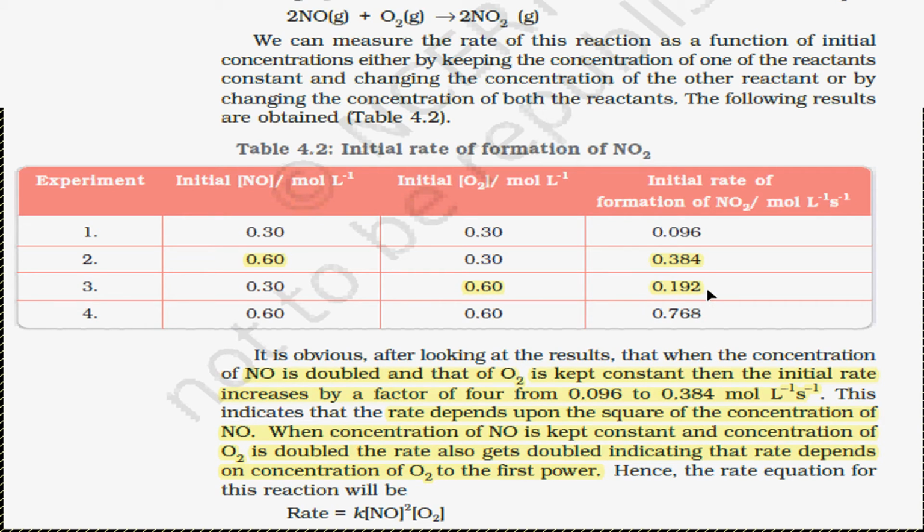The value you get is 0.192, which is double of 0.096, indicating that rate depends on the concentration of O2 to the first power. So here we have rate is equal to k into concentration of NO raised to 2 into concentration of O2 raised to 1, that is the first power.